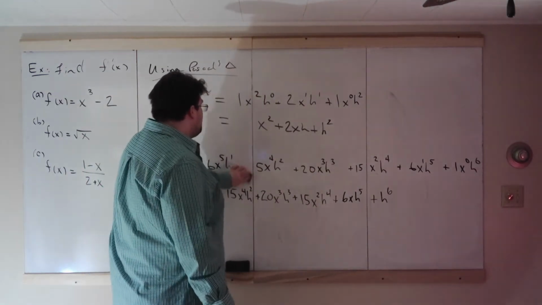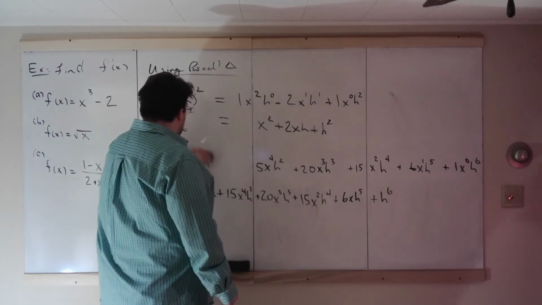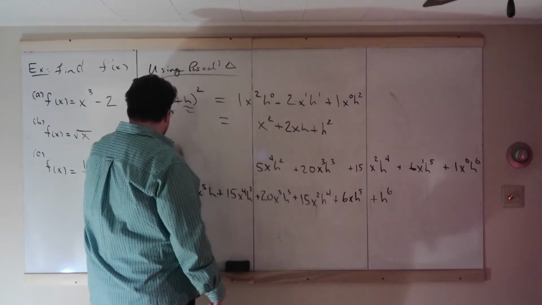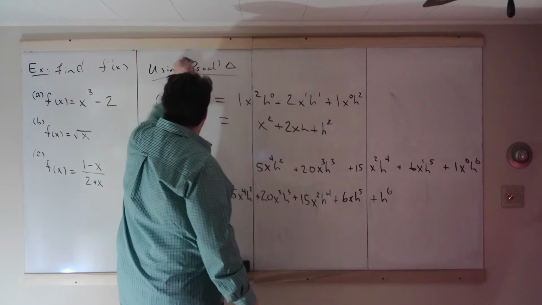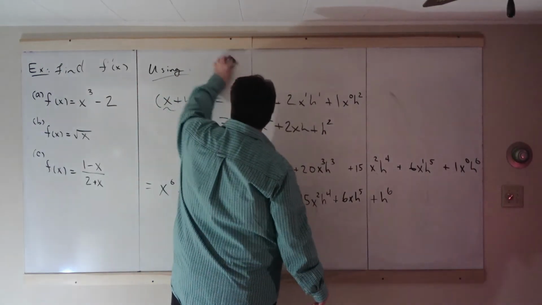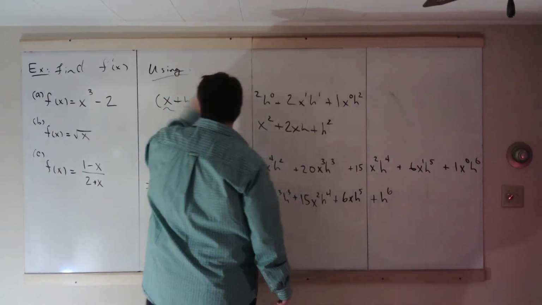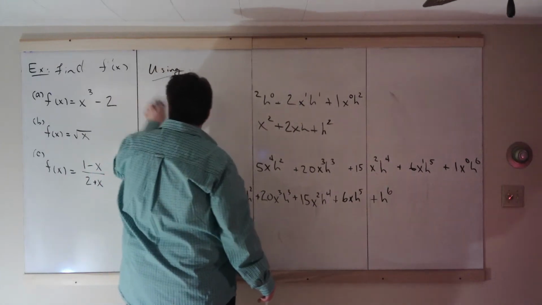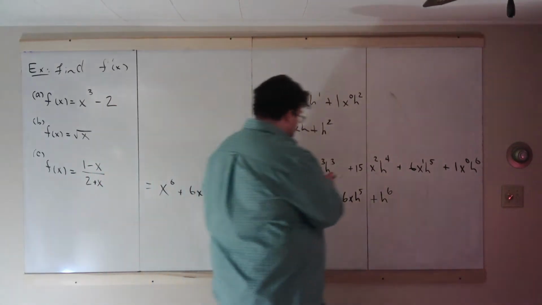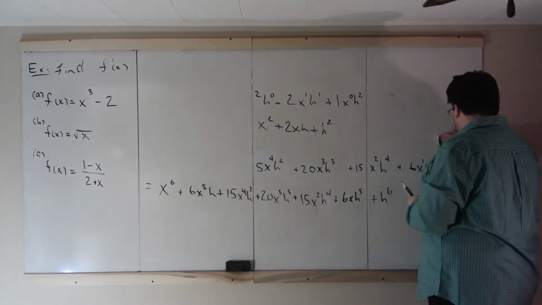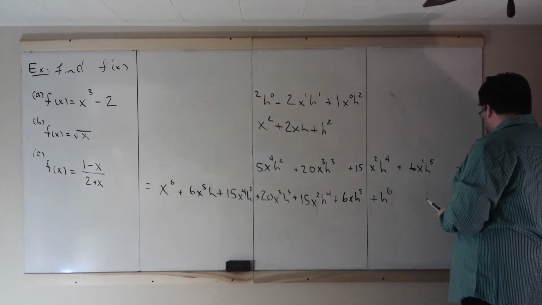There won't be a test question that says, show me you can use Pascal's triangle. It's just another way of doing these. In my topics in mathematics course, there might be a test question that says use Pascal's triangle, because that's a topic we cover.